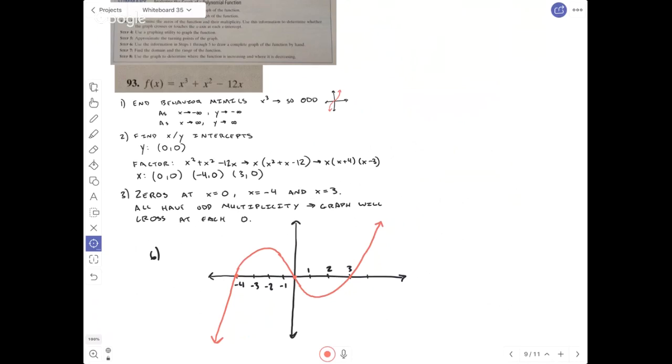Other than that, I don't really know the shape of the graph. Like, I don't know how high it goes here. I don't know how low it goes there. But I didn't even put a y scale because on a rough sketch of the graph, which, let's remind ourselves, is the core standard here, you can make a rough sketch based on the structure of the graph by hand in a simple case of a polynomial. And then in a complex case, or if you needed complex information, you could use a graphing calculator.